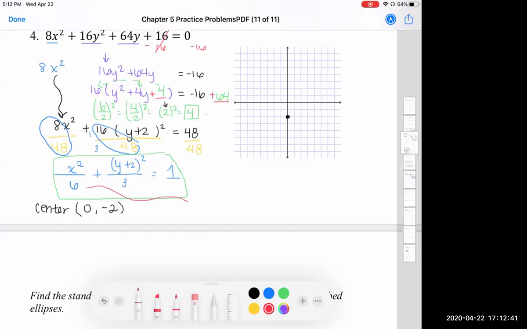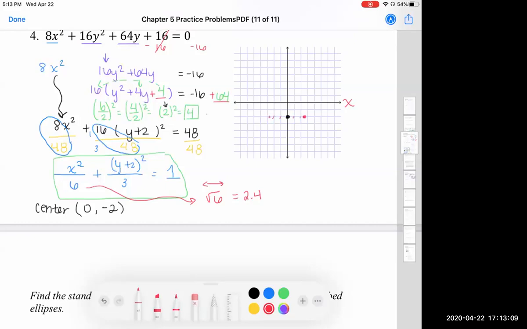And then right here, we're going to take the square root of 6. Because it's under x, we'll move from left to right because our x moves left and right. And it's going to be a decimal. Square root of 6 is 2.4. So we're going to move 2.4 units to the left and right. So 1, 2, and a bit more.